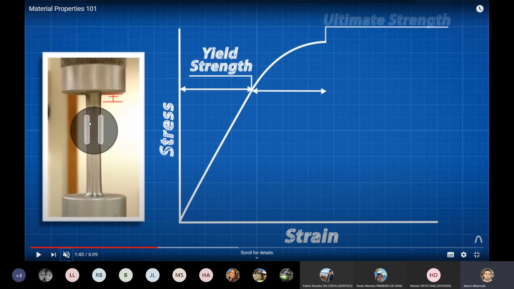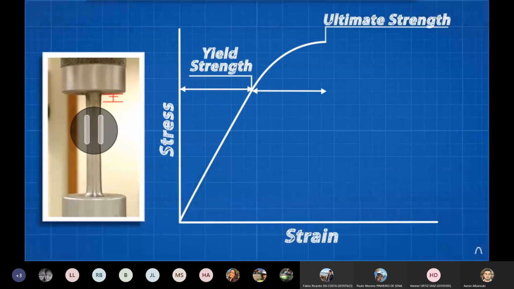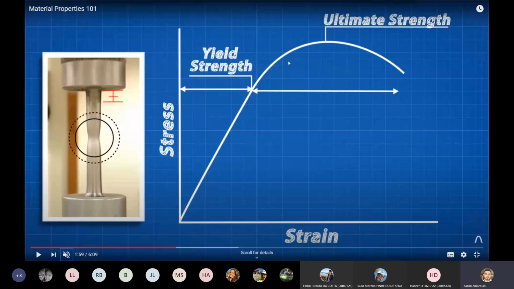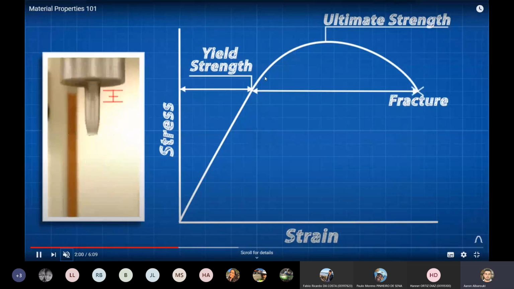The cross section will start being smaller. And all of this, all of that part here, guys, is plastic deformation. It's not elastic anymore. This doesn't go back to normal. And that will cause at the end the failure or fracture of steel, okay?